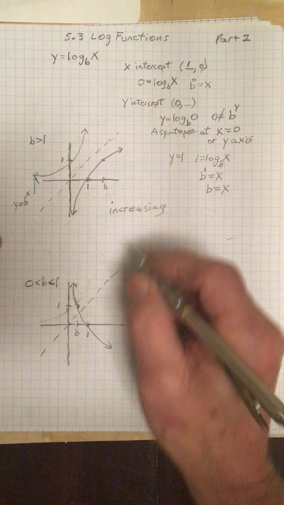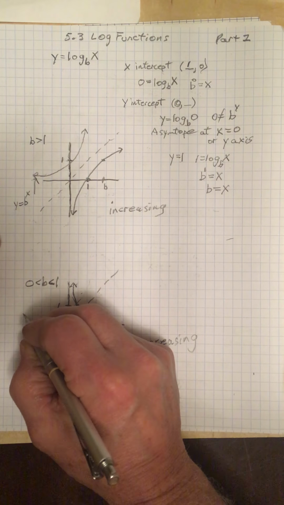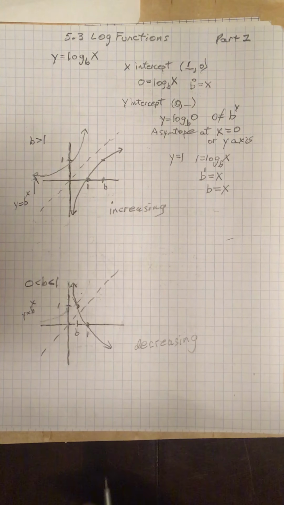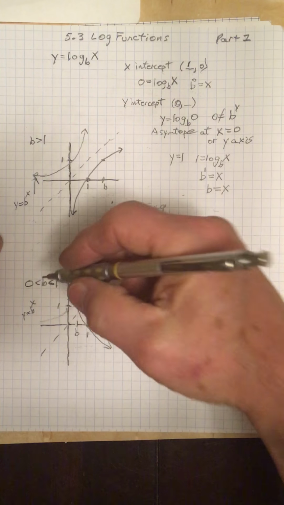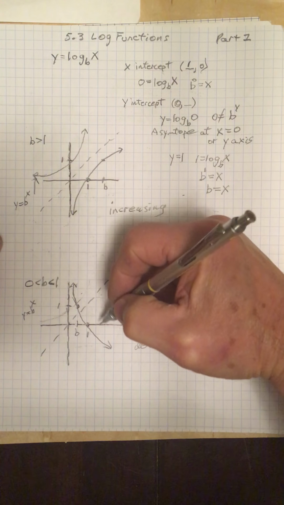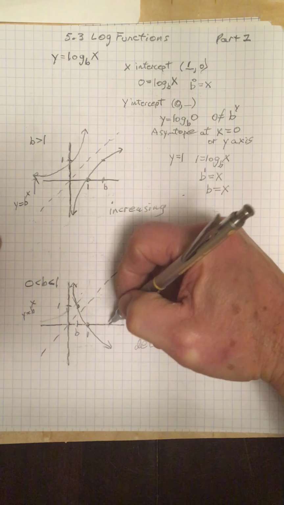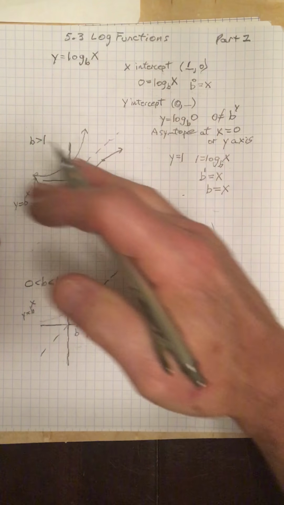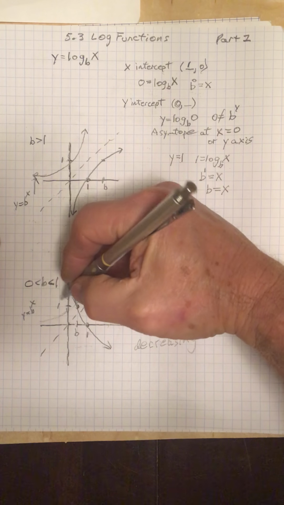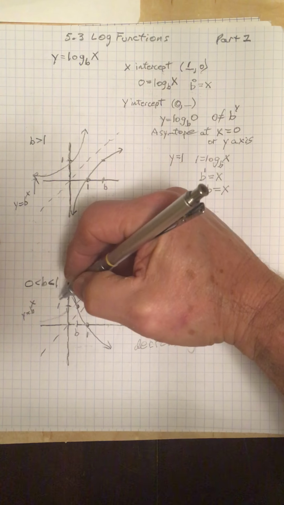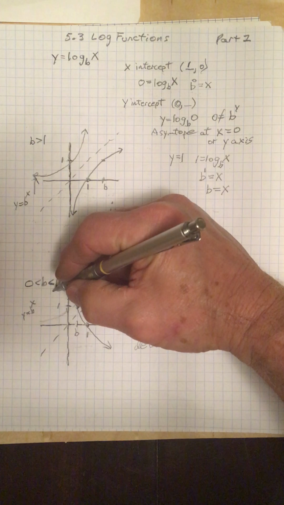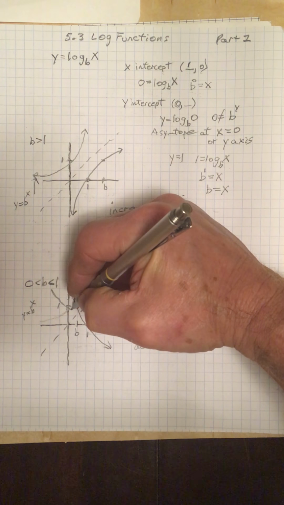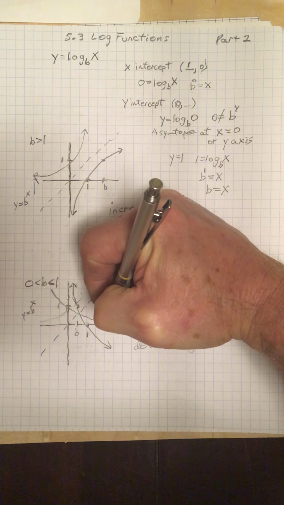For y equals b to the x, but b is between 0 and 1, then we had the situation where it, again, was asymptotic to the x-axis, but instead of increasing it was decreasing. So it went more like this. Let me see if I can get this sketched in here. Kind of looks like that.